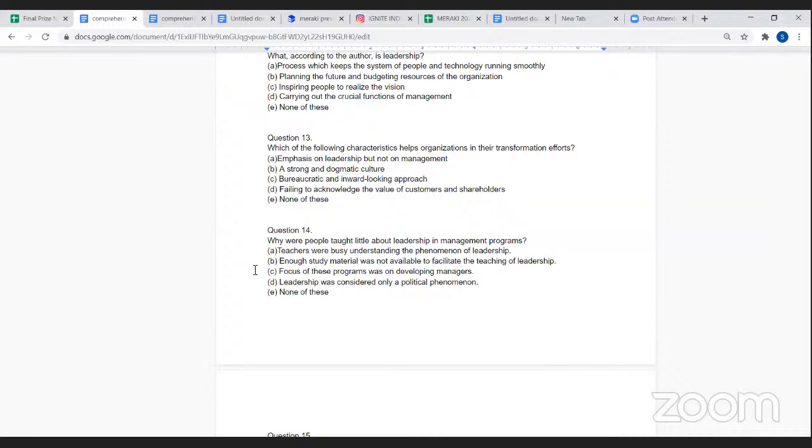So it cannot be B. A, failing to acknowledge, no, that cannot be correct. C only. Dogmatic culture would mean no change, stability, or rather stubbornness. So it is option E, none of these.